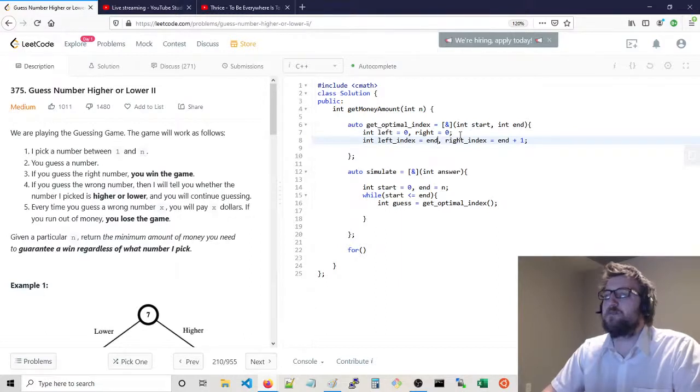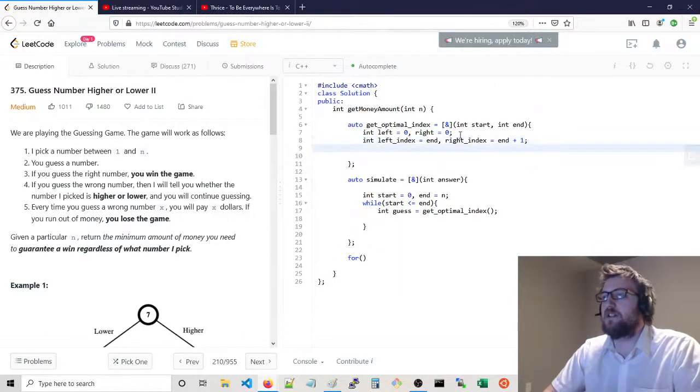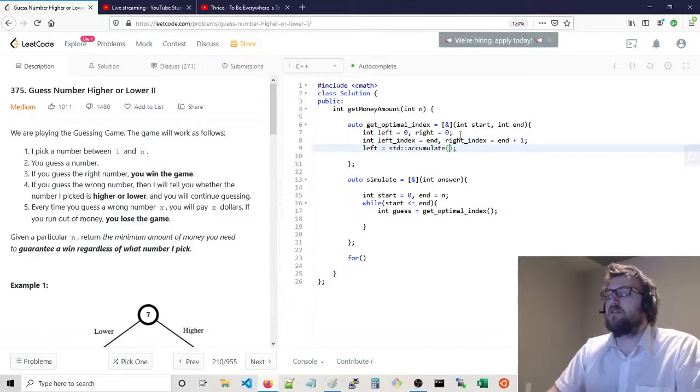And we're going to say that basically our initial state is the left side is going to be the sum of all the values, which we can calculate directly, right?